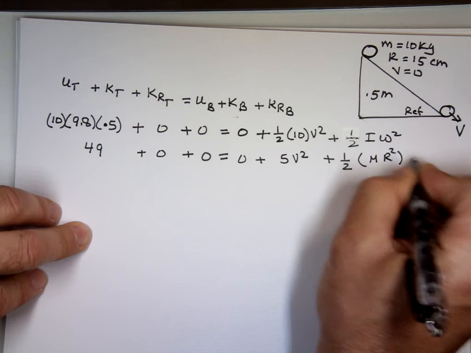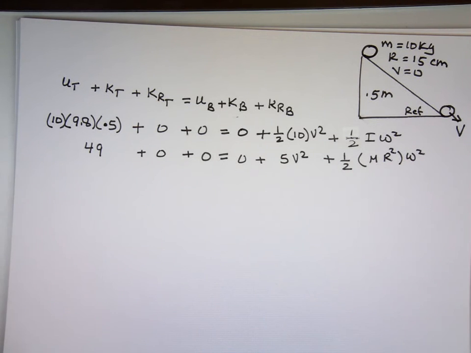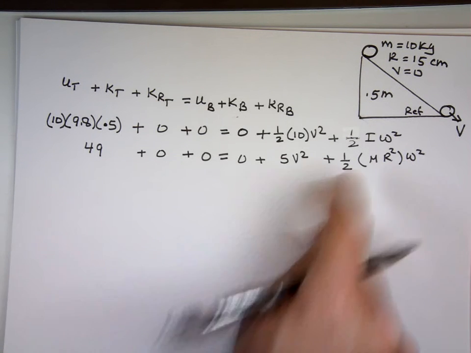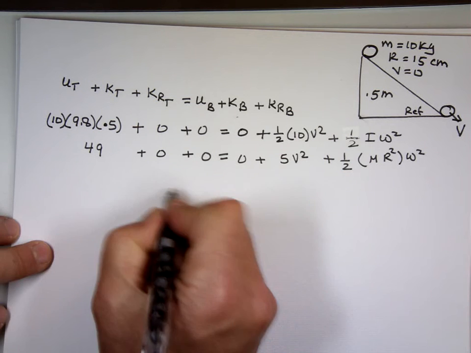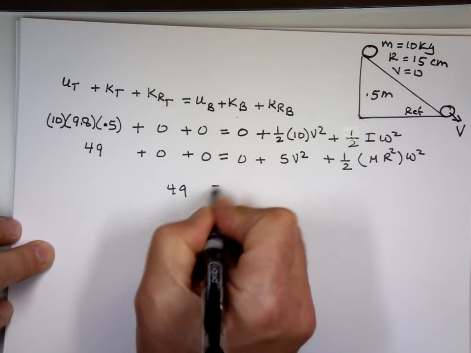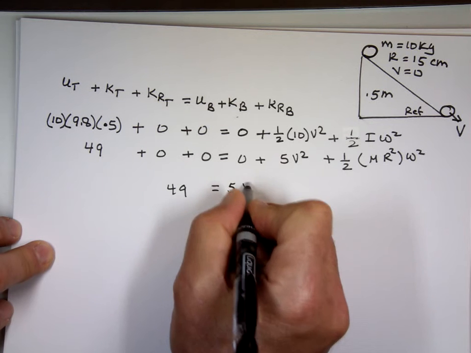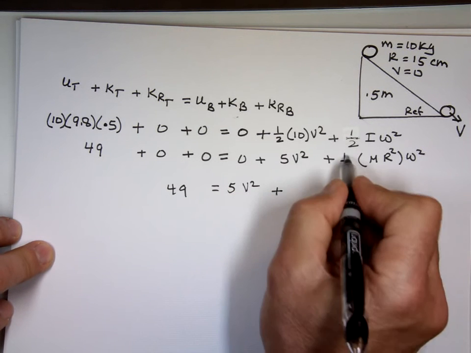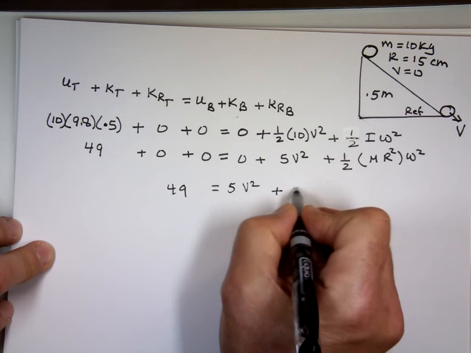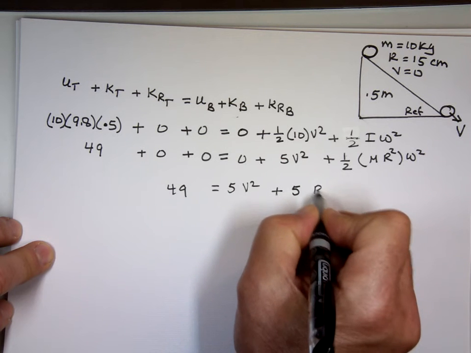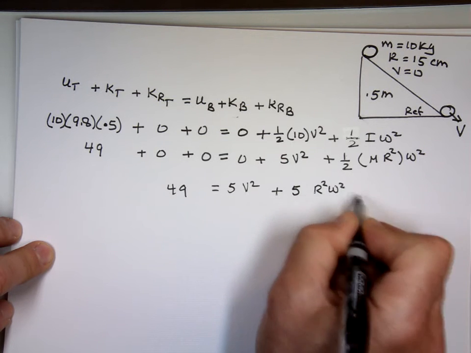It doesn't have a half in it. So 49 equals 5v squared plus, what's 1/2 times 10? 5 r squared w squared.